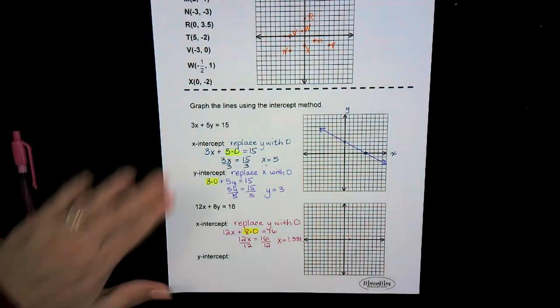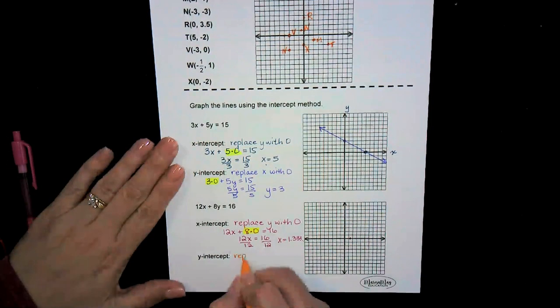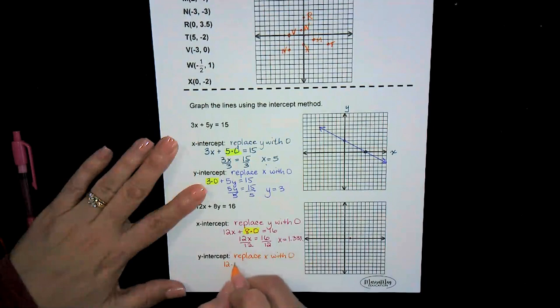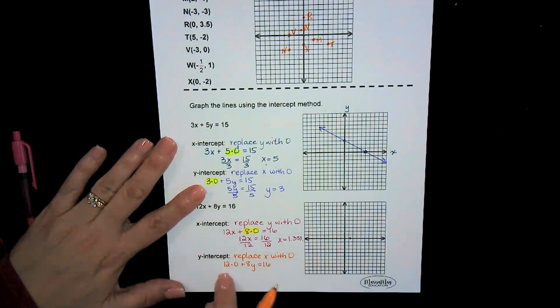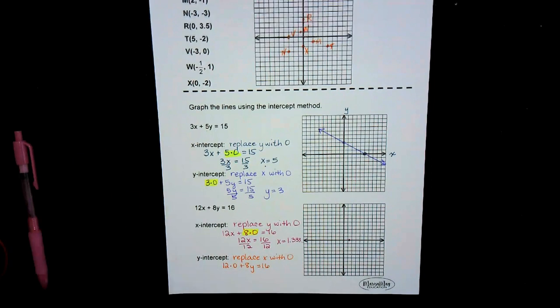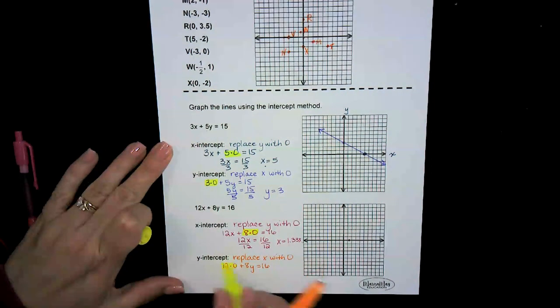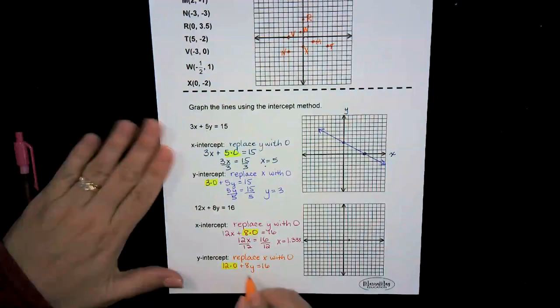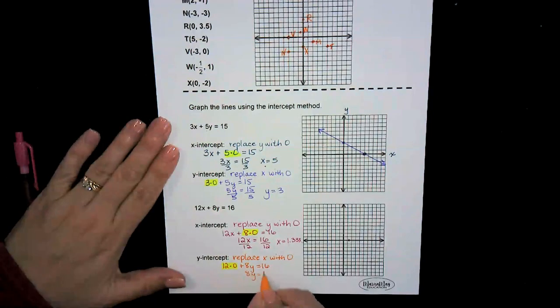Okay, let's do the same for the y. This time we replace the x with the 0. So I've got 12 times 0 plus 8y equals 16. So 12 times 0, again, that's the beauty of finding it this way, is because that 0 happens all the time. And I get 8y equals 16.